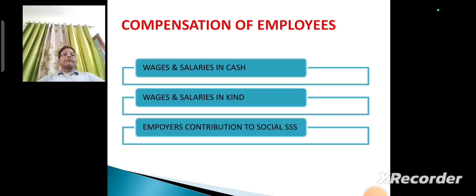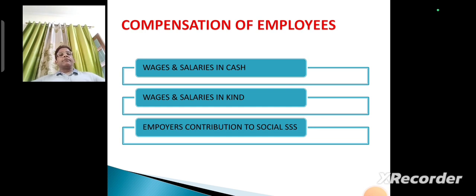So firstly, the heading of this slide is compensation of employees, which is also known as emoluments of employees. See, what is the definition of this? The definition says that it is the total remuneration paid in cash and in kind, and in the form of social security contribution by employers to the employees in lieu of the work done by them during an accounting period.